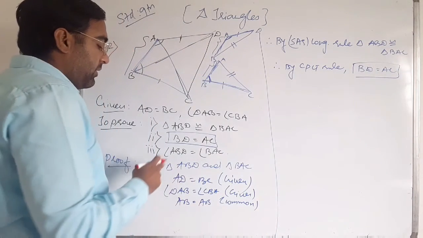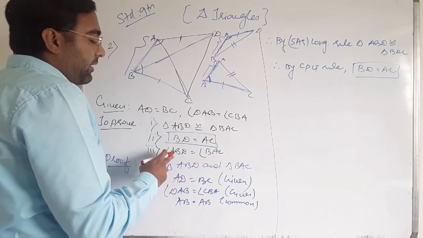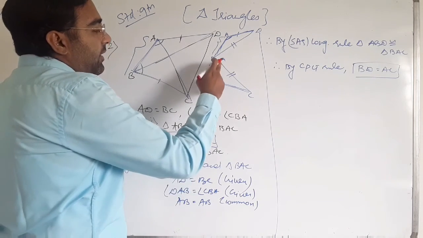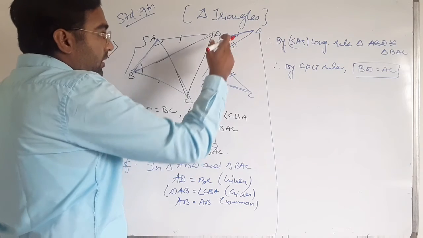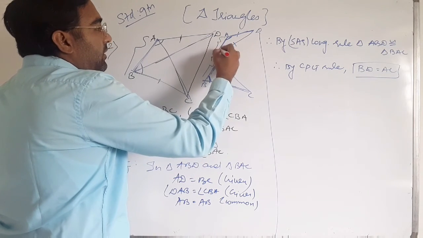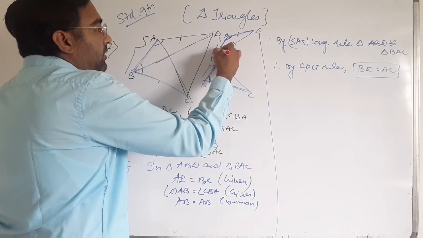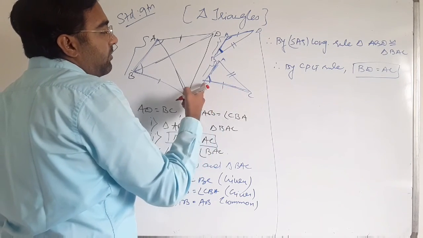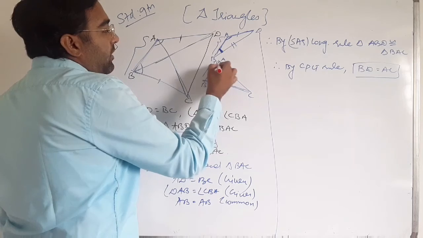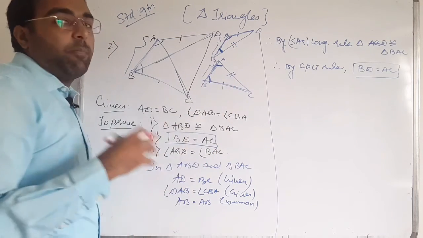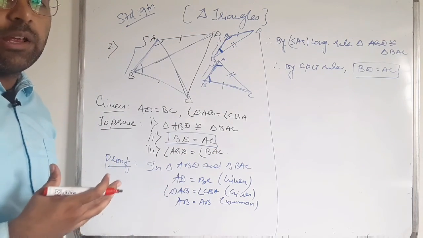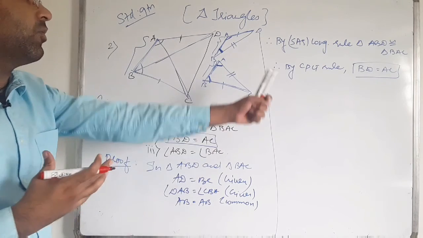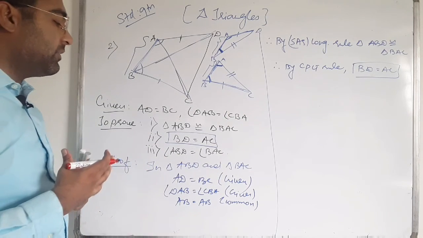And the remaining angles, ABD and BAC, are also part of the congruent triangles.